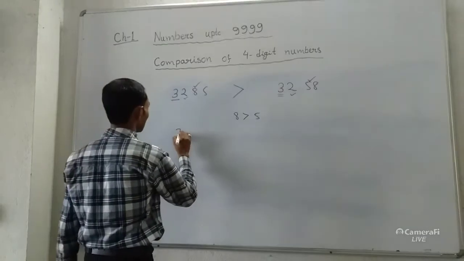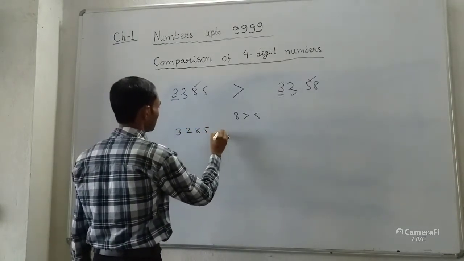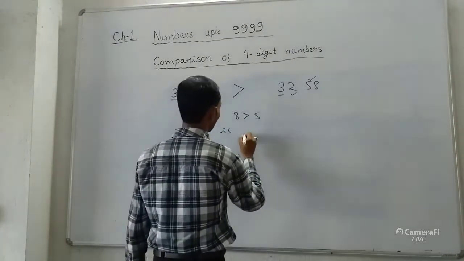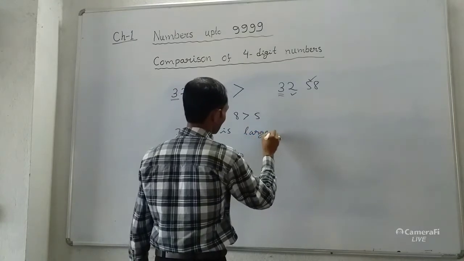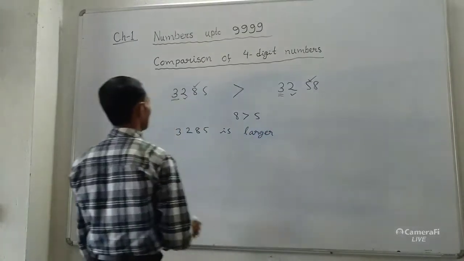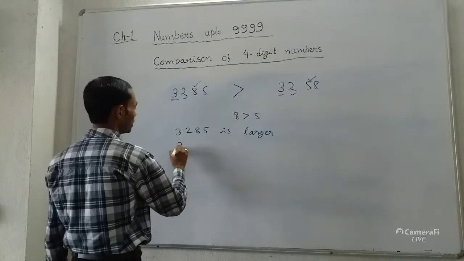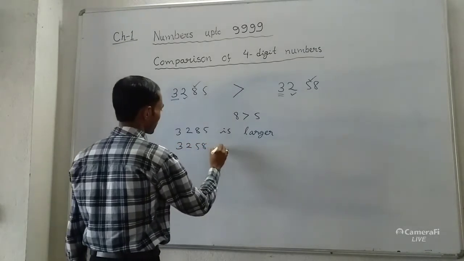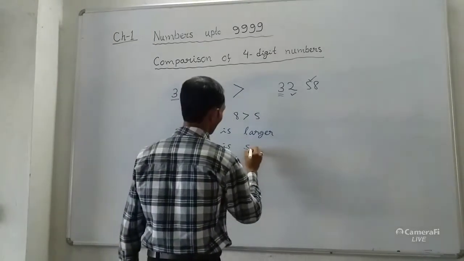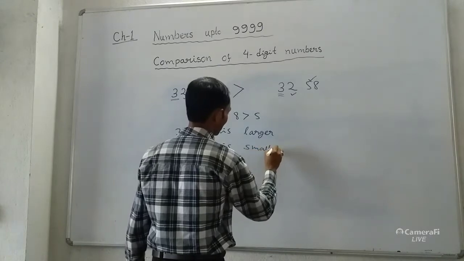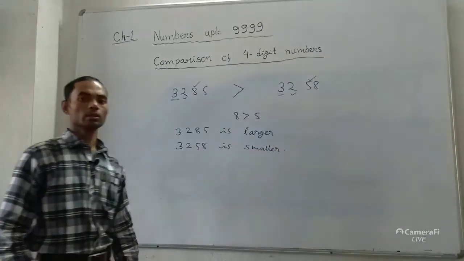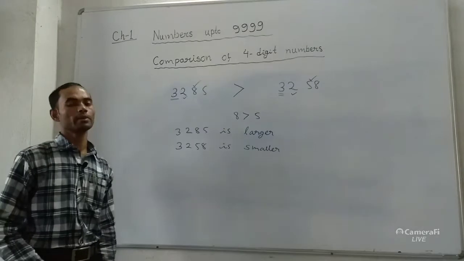So here we get that 3285 is larger and 3258 is smaller. So in this way we can compare between two given numbers.